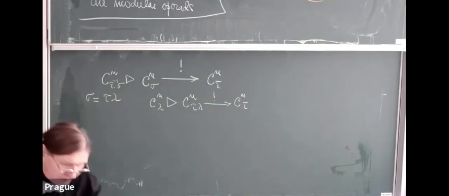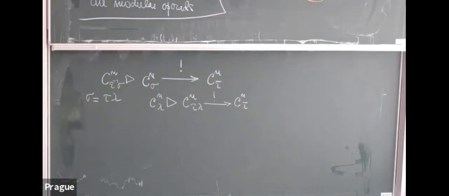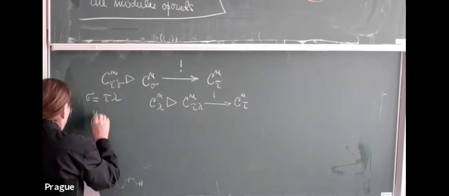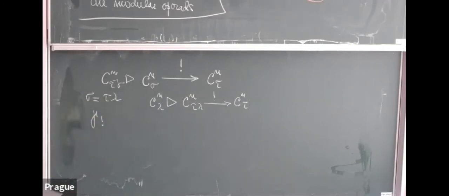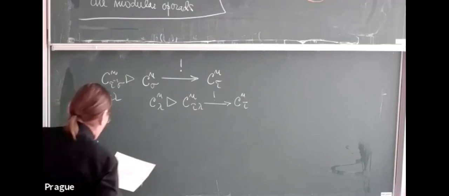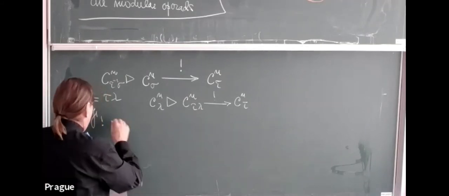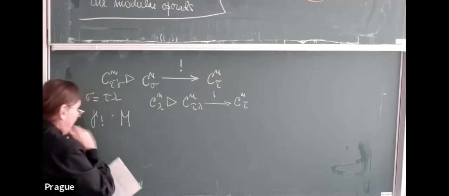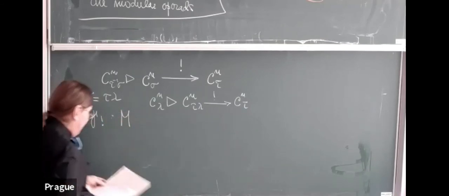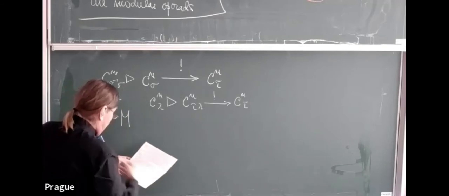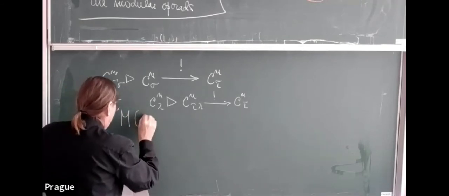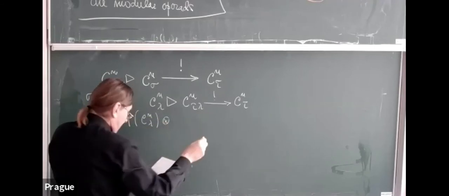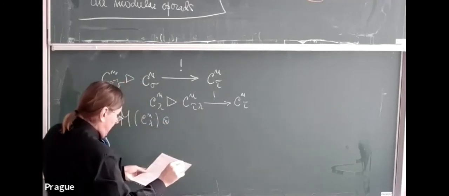And if you still remember structure operations of May's operad, what I get here is that the structure operation corresponding to this unique map between local terminals goes from M, the operad over Gr, C_n lambda, to M, C_n tau lambda, the same everywhere.